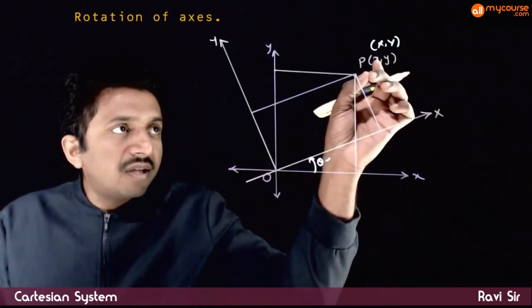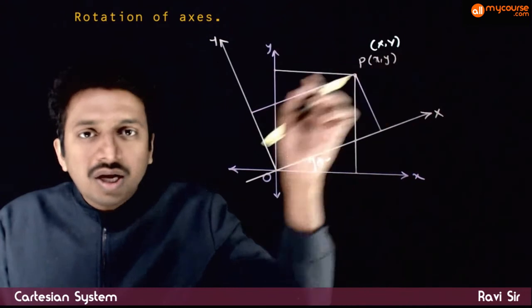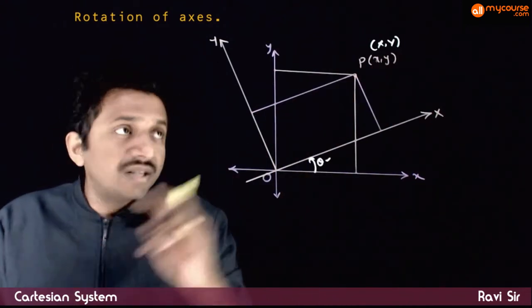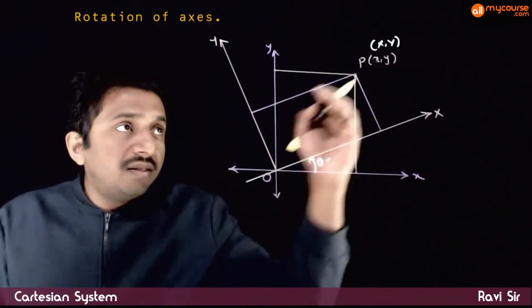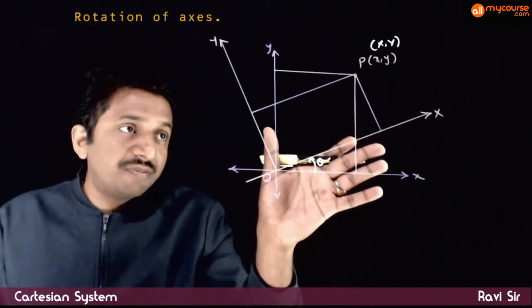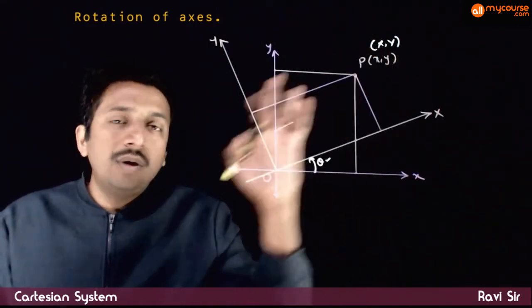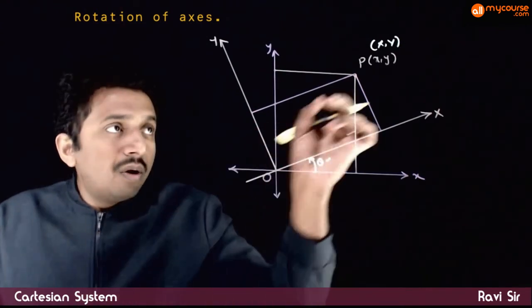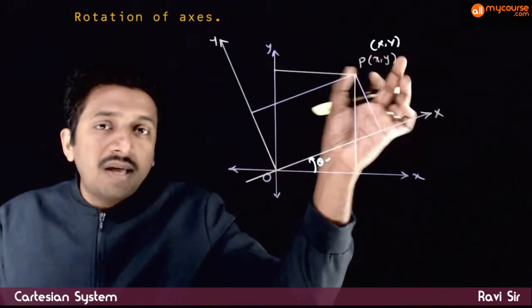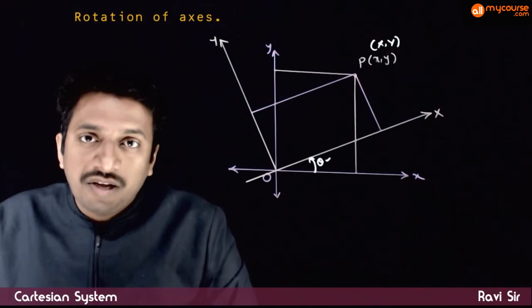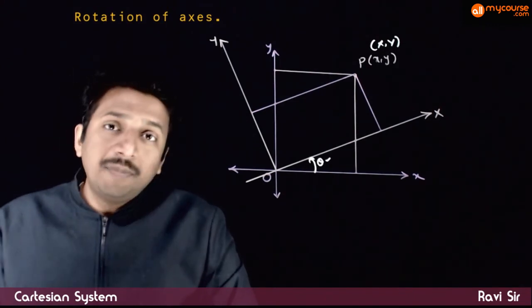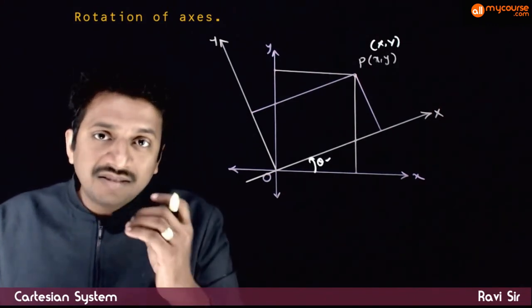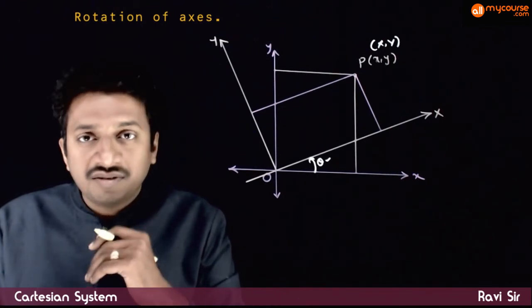Now, if you have a point P whose original coordinates are small x, small y, let the new coordinates with respect to the new coordinate system be capital X, capital Y. Now the question is, how are capital X, capital Y related to small x, small y?